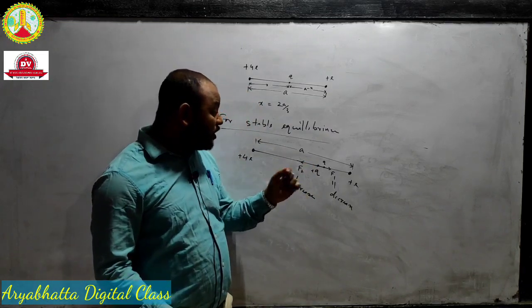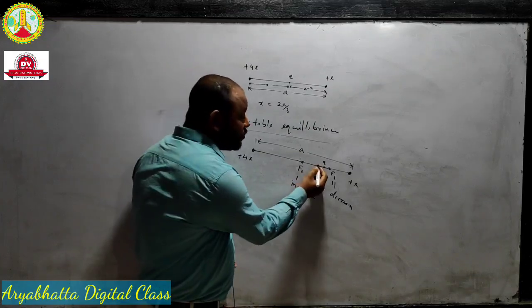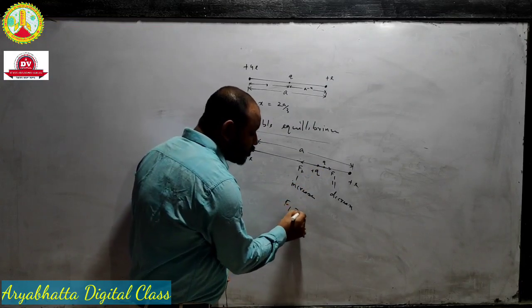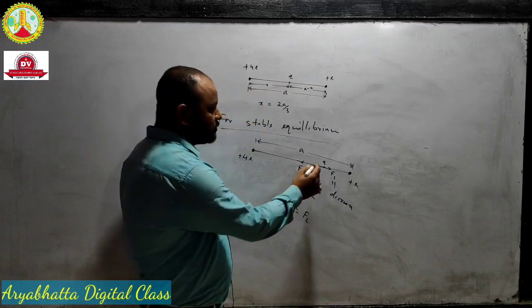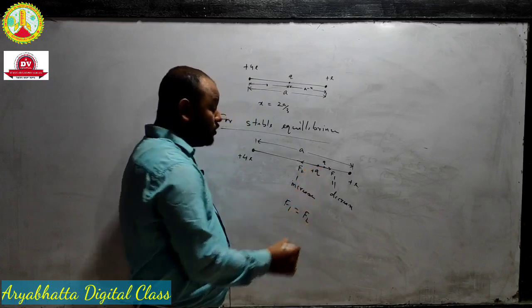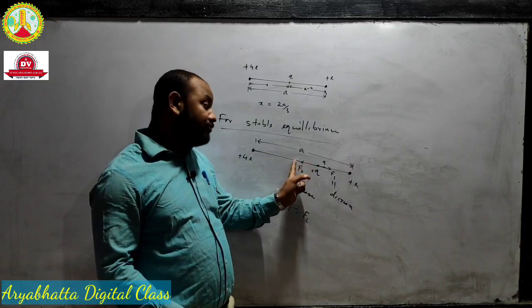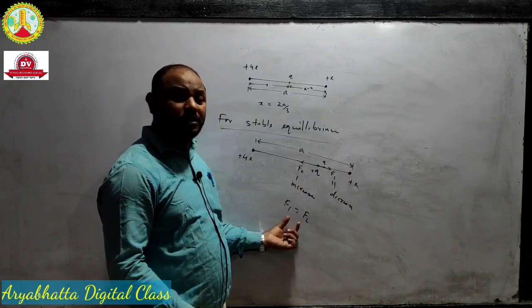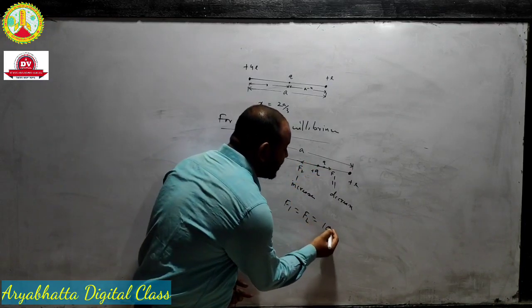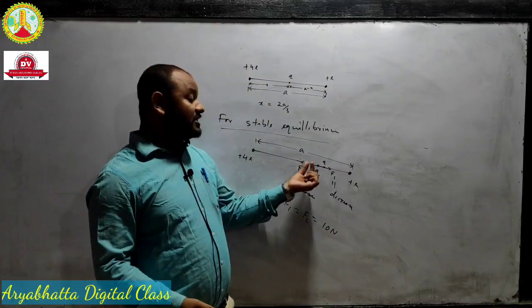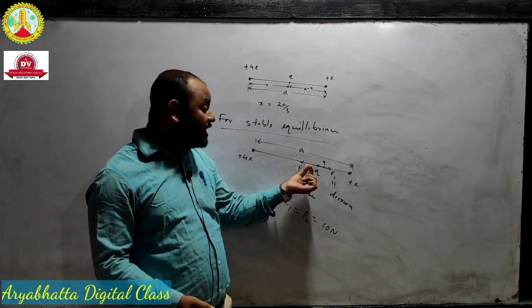So initially, when the point charge q is at this point, F1 is equal to F2. Suppose this is the point where it will be in equilibrium. Equilibrium means F1 and F2 are both the same. Suppose that is equal to 10 Newton. That is why the charge is at equilibrium.